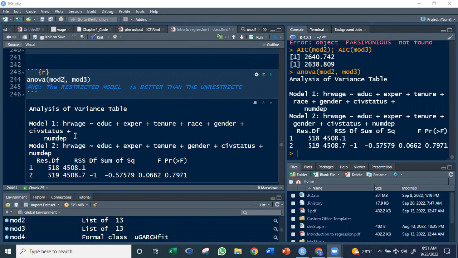Pero guys, dapat pareho silang dependent variable. Hindi kunyari may dalawang models tayong kino-compare tapos magkaiba naman yung dependent variables natin. Hindi natin pwede i-compare 'yon, no? Kasi dapat pareho yung dependent variables natin. Okay, so the restricted model is the one that has lesser number of predictors. So doon sa model natin kanina, model 2, 7 yung predictors, model 3, 6 yung predictors.